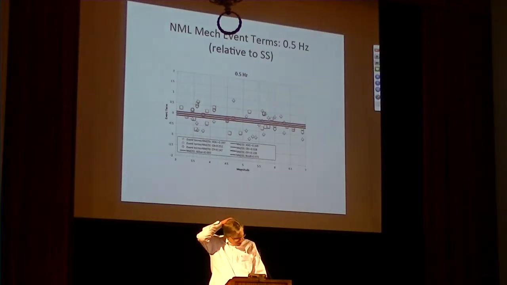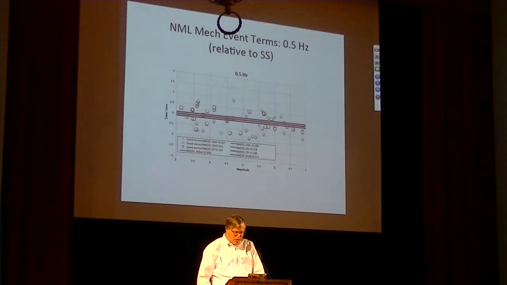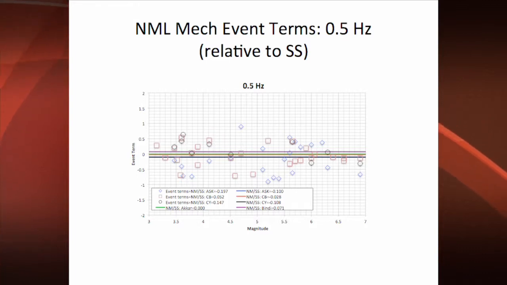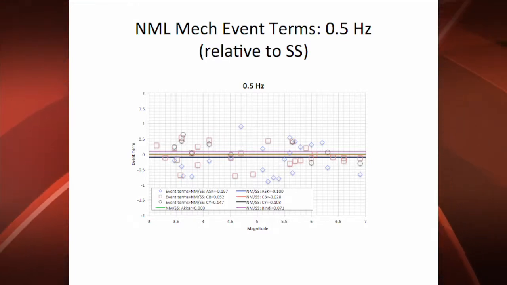Okay, this is just throwing it all together again for the 2-second value. So the numbers are smaller in general, clustered around 0. One of the European models, Bindi, has a positive style of faulting factor, so plus 0.1. The others are generally minus 0.1 to minus 0.2.